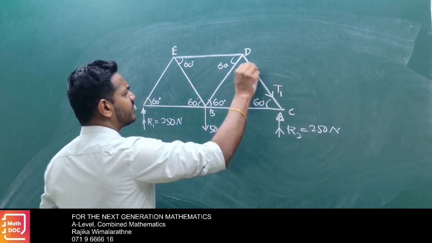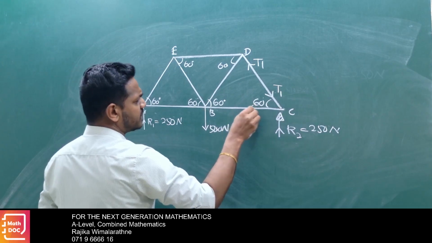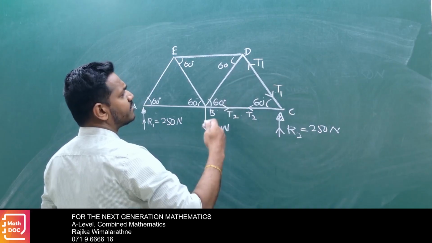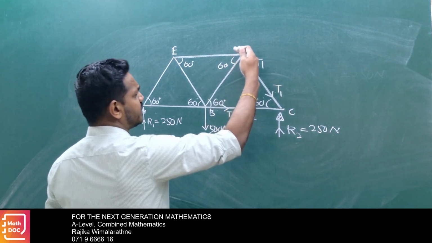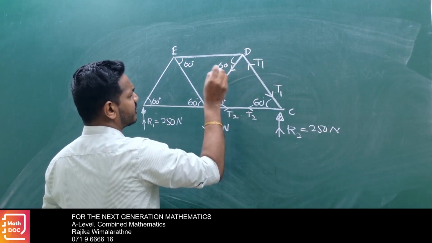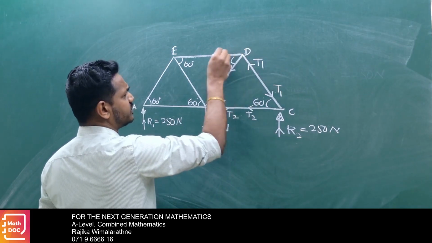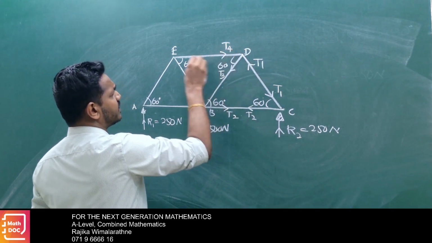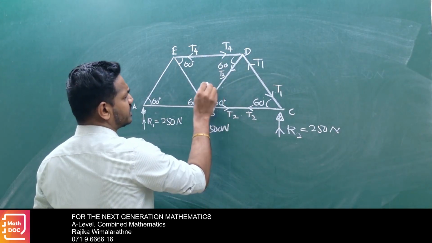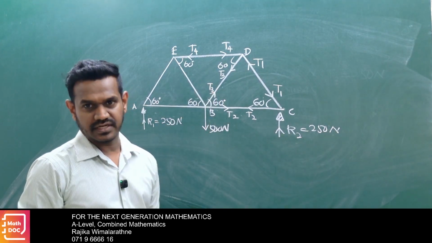Mark T1, then the horizontal component cancels with this T2. Then here the T1 vertical component you cancel by T3 downward. Then T3 cos 60, T1 cos 60 you cancel by T4 here. So if you can think that way, then that's good. Otherwise you just mark it.